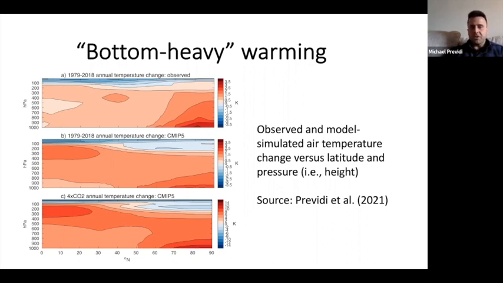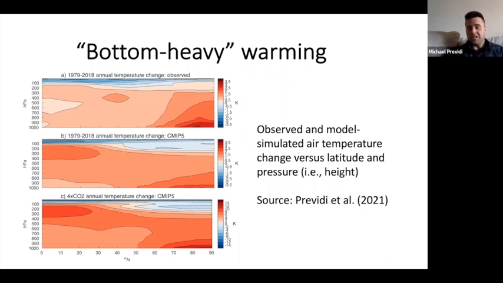These three panels are the same three cases that we looked at in the previous figure. So the top row is the observed air temperature change between 1979 and 2018. The middle panel is CMIP-5 climate model simulations of the temperature change over that same time period. And again, the bottom panel is the idealized abrupt 4 times CO2 CMIP-5 experiment.